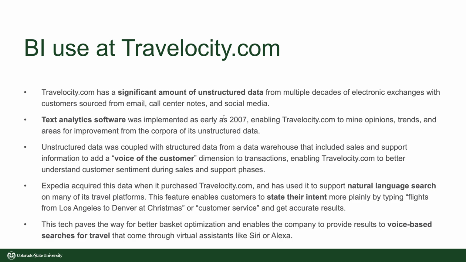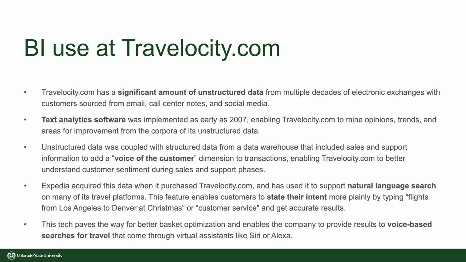So when Expedia purchased Travelocity, it acquired all of this data and has since used that data and Travelocity's BI efforts to support natural language search on many of the travel platforms that Expedia owns. And that feature enables customers to just state their intent rather than fidget with a bunch of drop-down boxes and select boxes and forms.